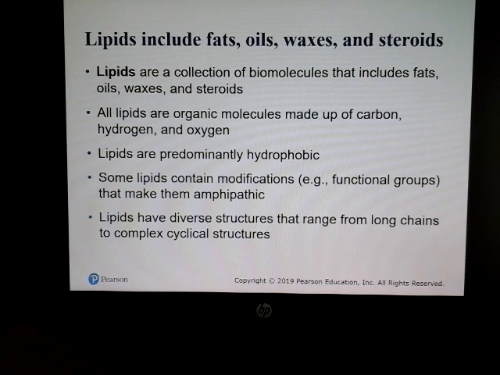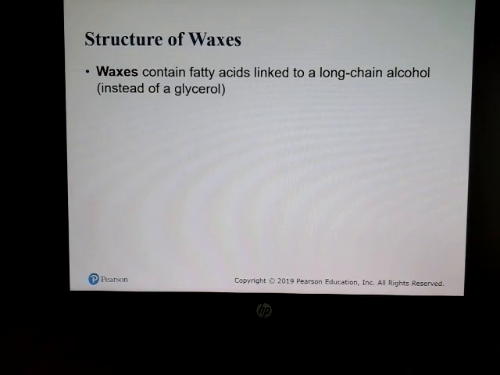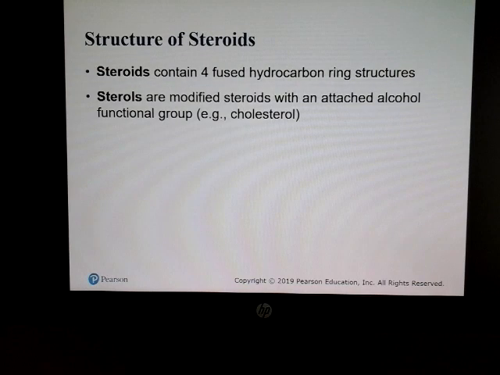Lipids are fats, oils, waxes, etc. And there are a lot of these that we'll discuss this semester. So one of the structural components of tuberculosis, guys, is that it has a waxy coat on the outside. We'll discuss why that's a problem when you're trying to treat a patient with TB, because it does have that waxy coat.